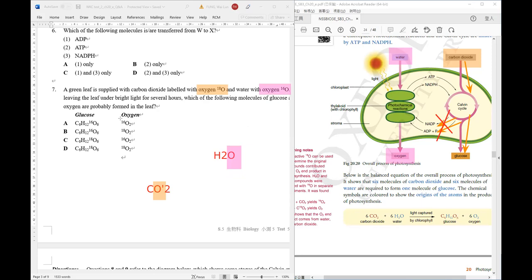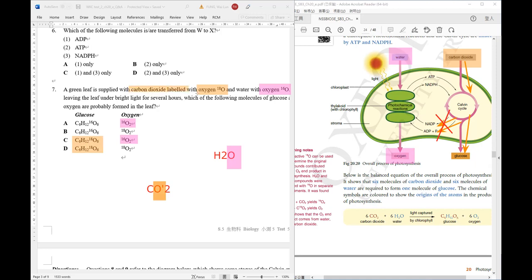O16 is the oxygen gas that you produce from photochemical reaction. The glucose should contain O18. This is a special radioactive oxygen atom.